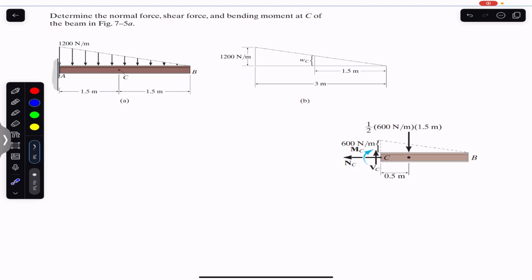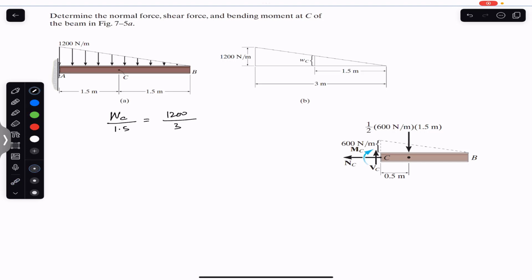The ratios of the corresponding sides of similar triangles are always equal. So we can say that WC divided by 1.5 must be equal to the ratio of 1200 divided by 3. Again, this is the property of similar triangles.